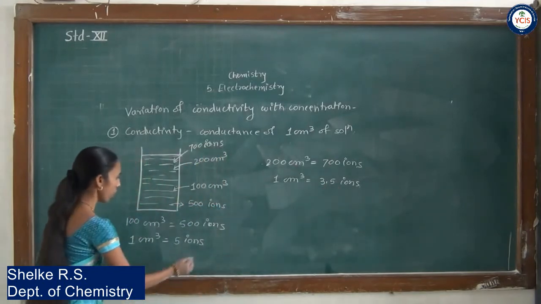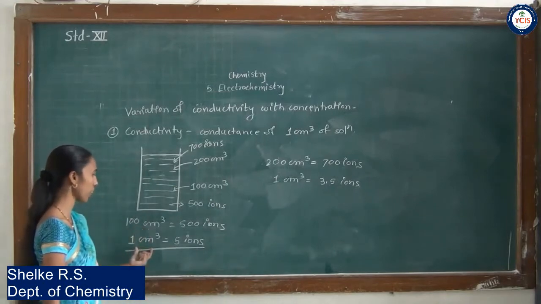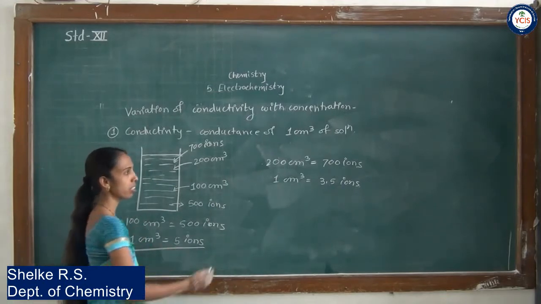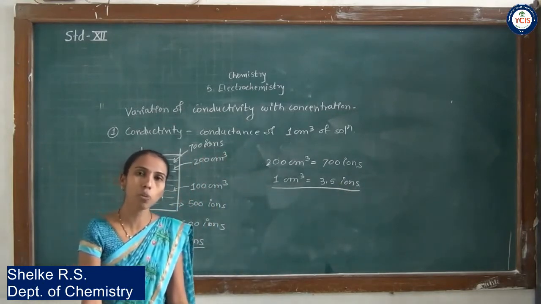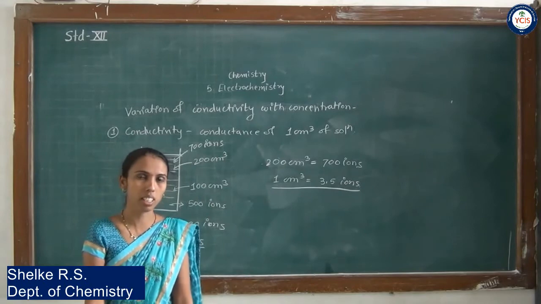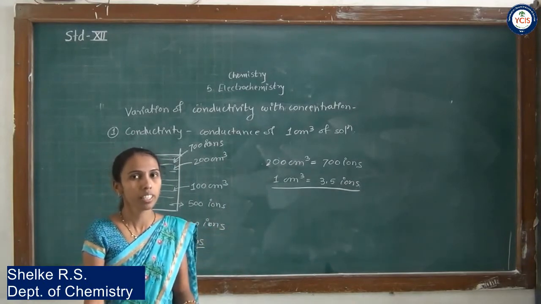Okay, now see here, when volume is 100 cm³, that time ions will be 5 ions and now the ions will become 3.5, means the number of ions will decrease here. So the number of ions decrease, the conductivity will decrease.